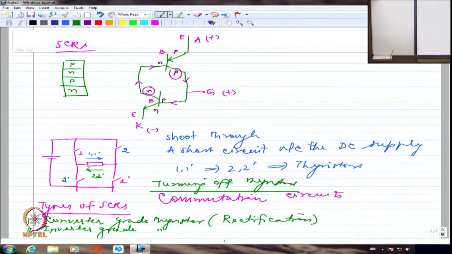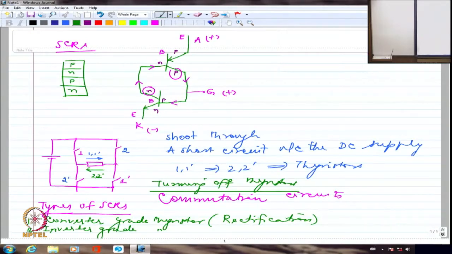So depending upon how quickly I am going to turn on or turn off the devices, I am going to get the frequency output modified accordingly. If I do 1 1 dash and 2 2 dash alternately turning on very quickly, then the frequency of the output AC will be large. If I am doing it slowly, the frequency of the output AC will be small.